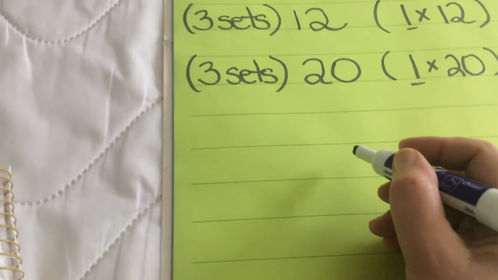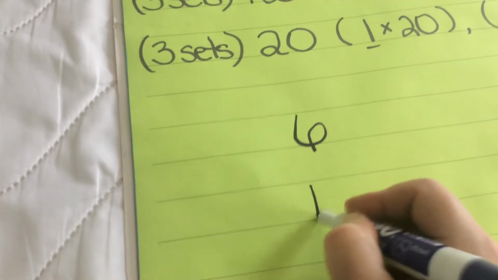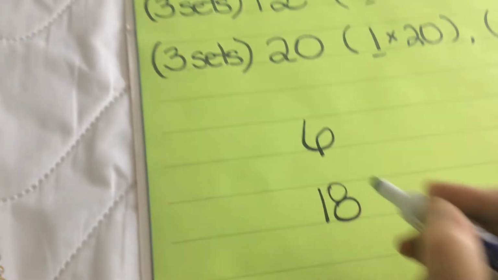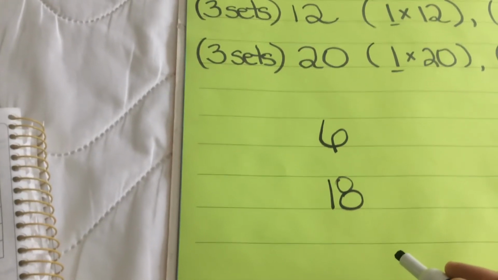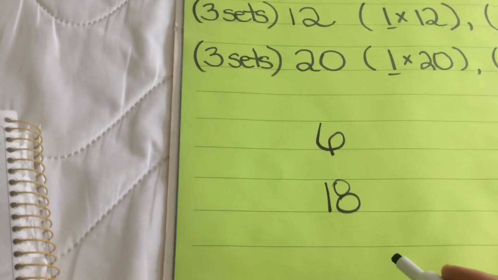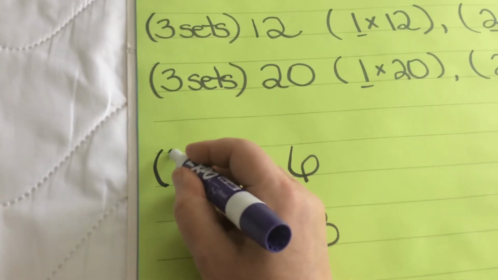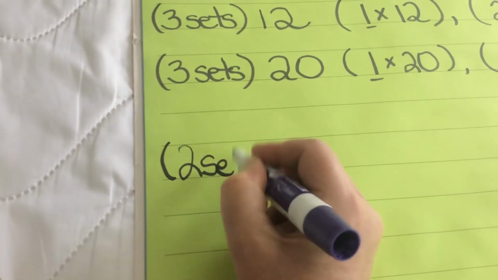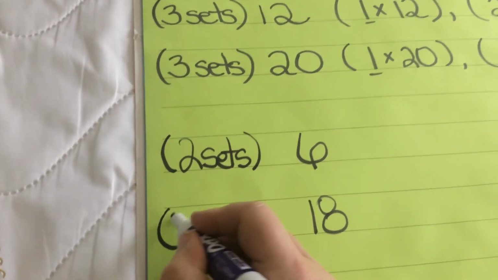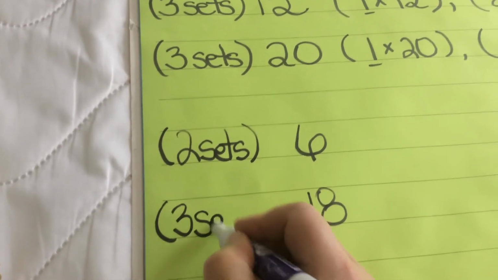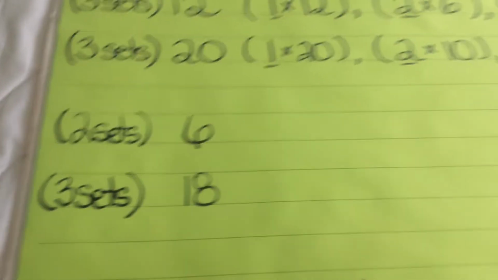We have the number 6 and 18. Now, for some reason, I failed to write the sets for you on that. We have 2 sets for 6, and we have 3 sets for 18. So let's do 6 first of all.